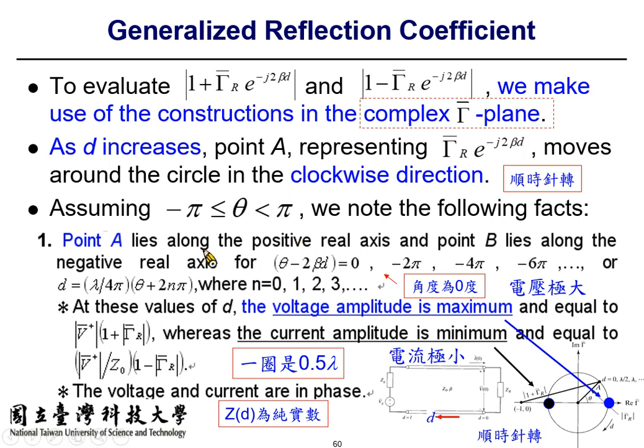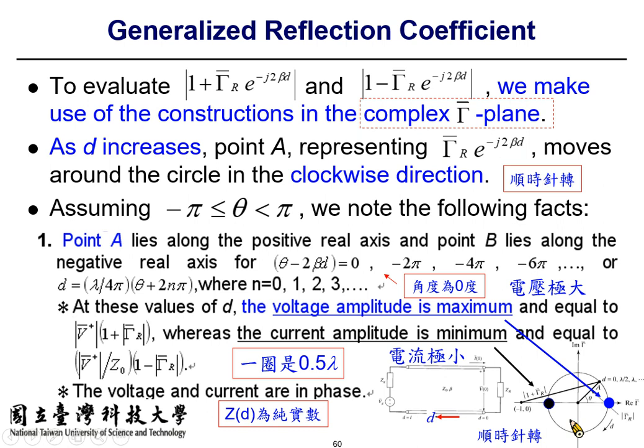And as I mentioned already, the path, the distance to travel one circle would be half a wavelength, 0.5 lambda.